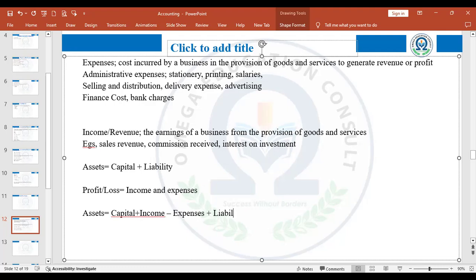So you see that I've added something new to our accounting equation, and what I've added is income and expenses. And what I told you is that income and expenses affect the capital. Income affects it positively, or it increases capital, while expenses decrease capital. Is that point clear, my professors?